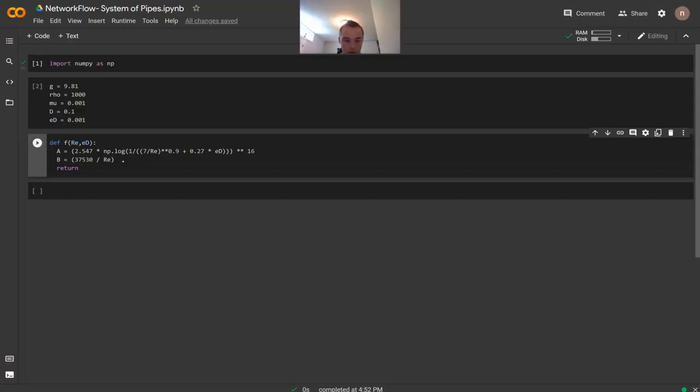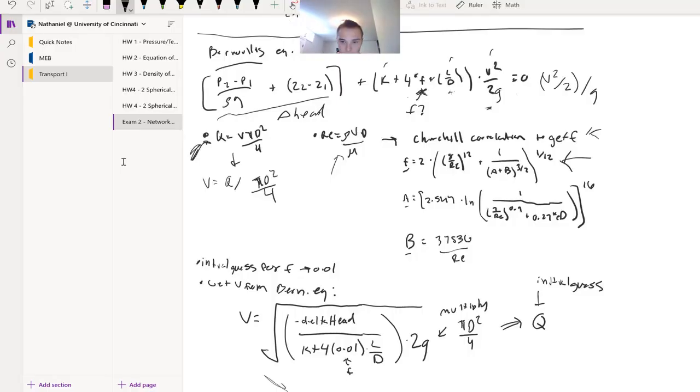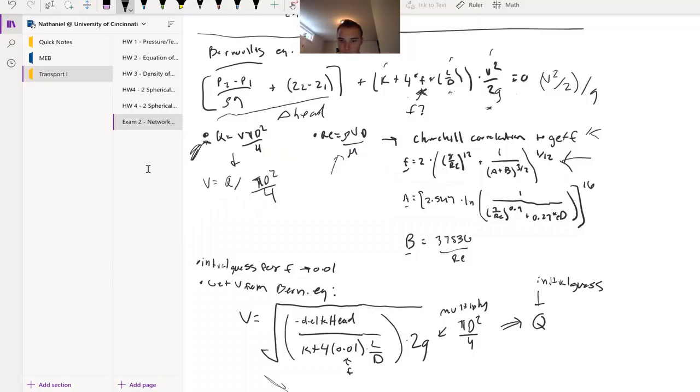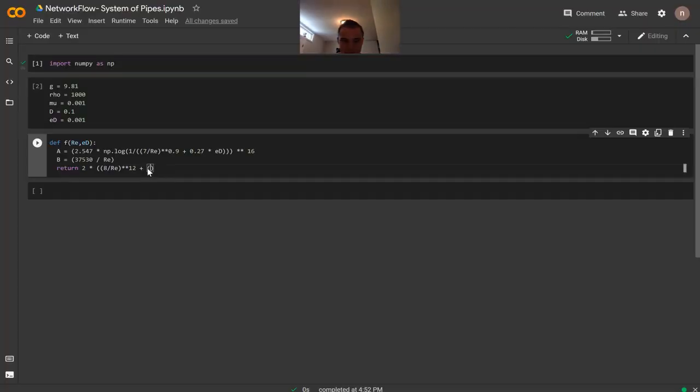So we'll have F equals 2 times 8 over the Reynolds number, and that will be raised to the 12th. And then we'll have that added to 1 over A plus B to 3/2.